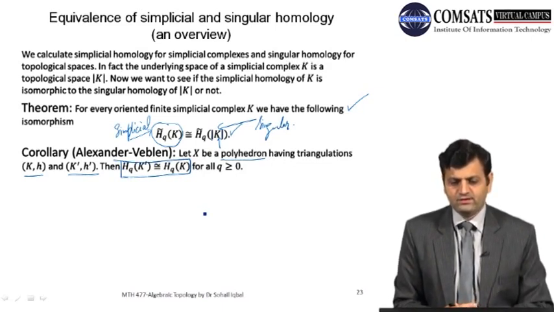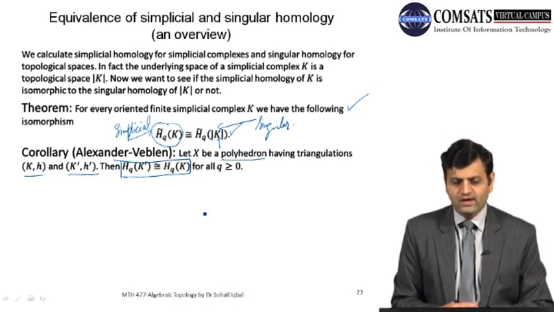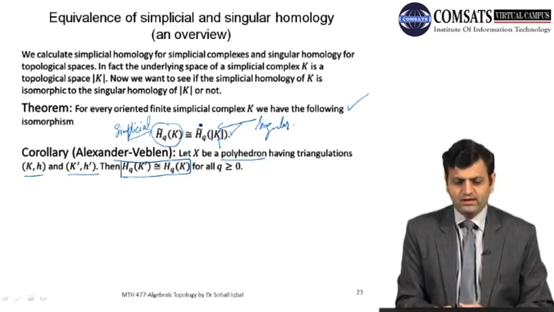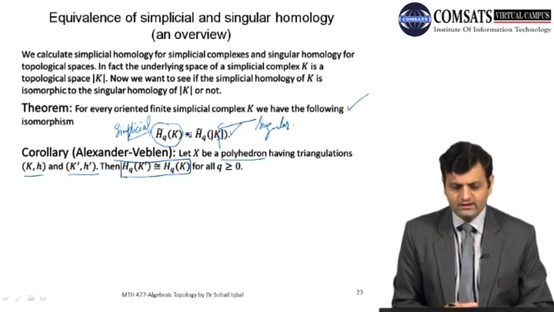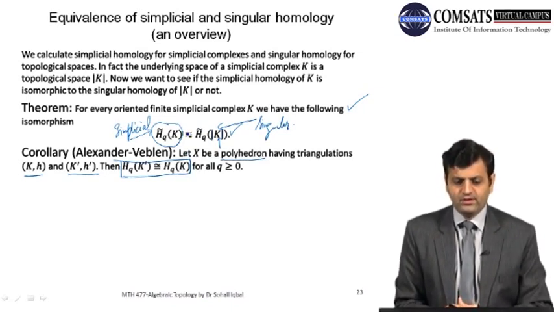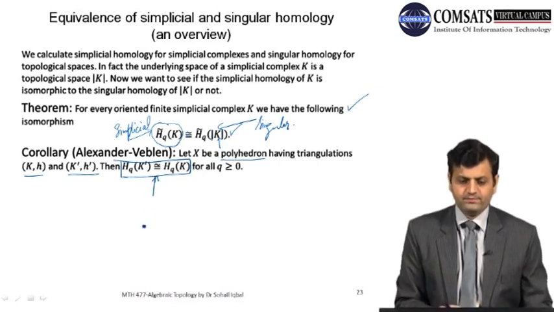When we constructed the simplicial homology, we ignored what happens with the homology if we have two different triangulations of the same space. This corollary of this important theorem says that if I have two different triangulations of the same space, then the homologies are the same.